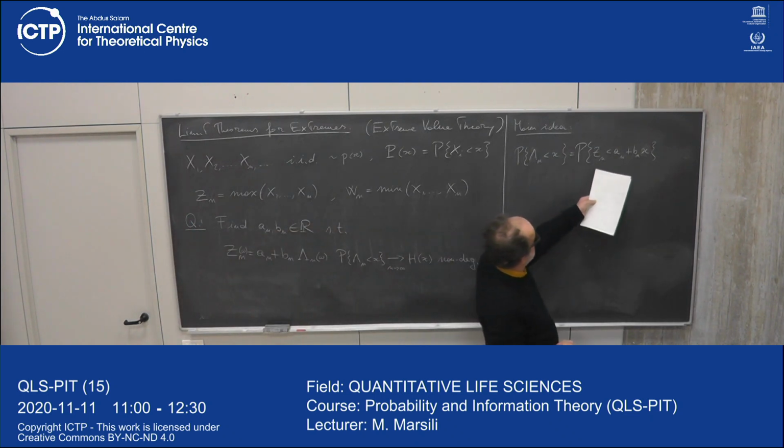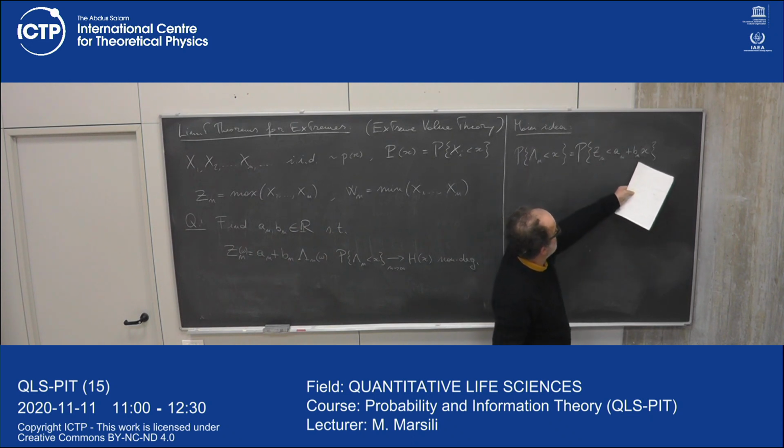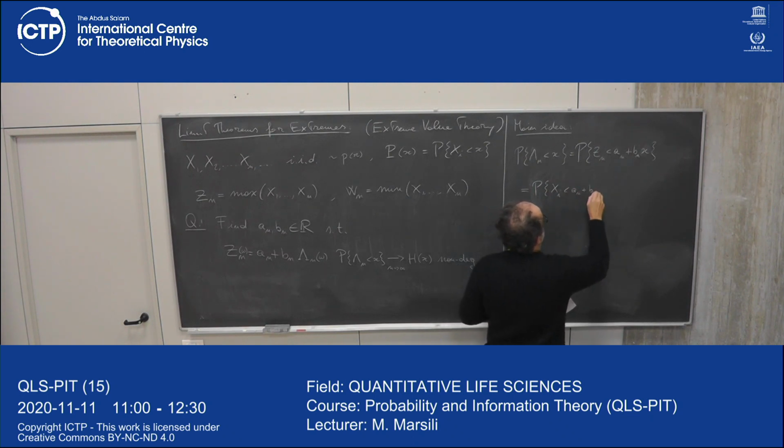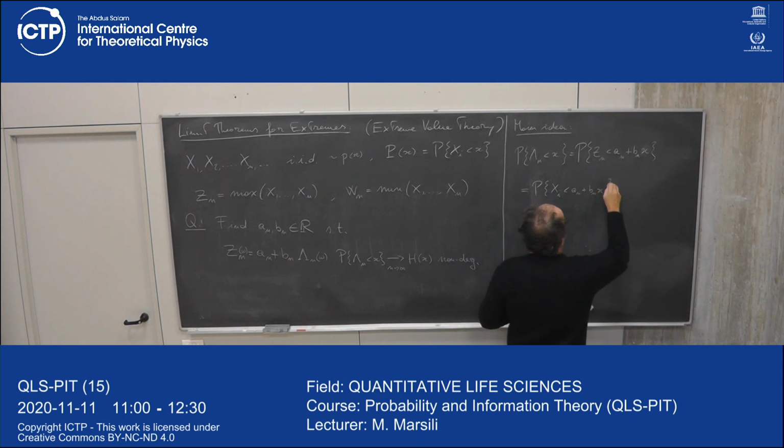If the maximum is less than this, then it means that all the random variables must be less than it, so this is equal to the probability that the xi are less than An plus Bn x for all i.